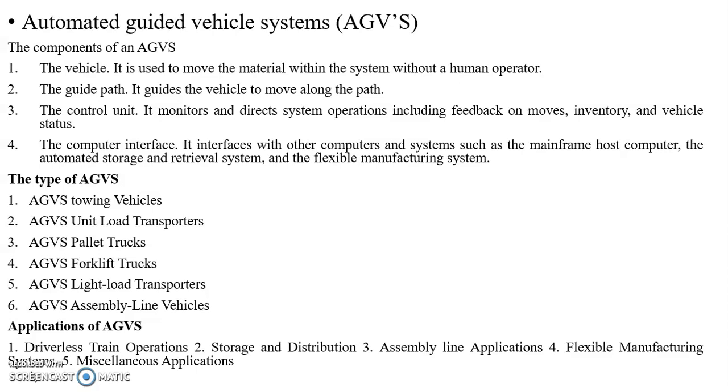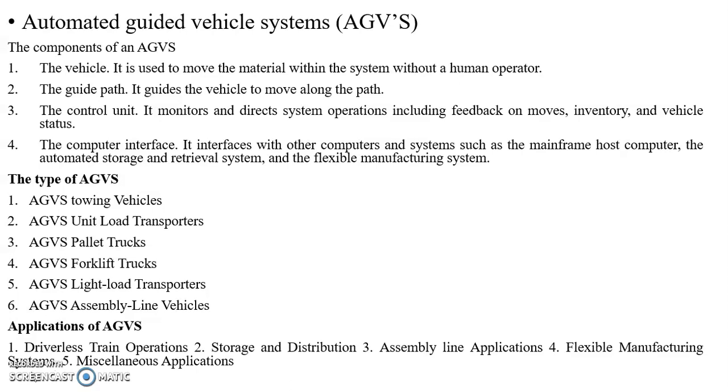In the same way, there will be several vehicles which are used to move one by one. That is AGV towing vehicles. It can carry a very large volume of loads and it can also move for long distances up to 1000 feet or more.